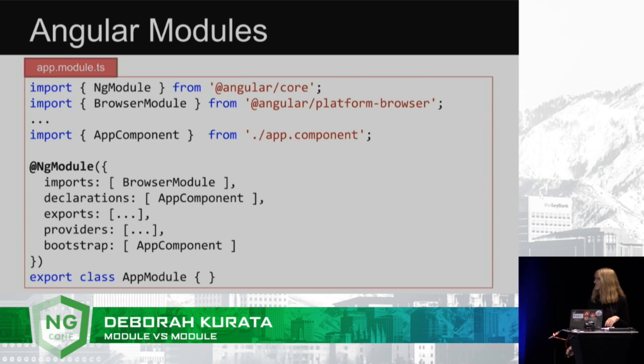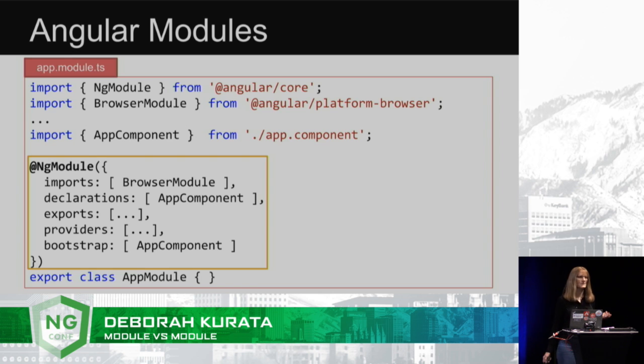They look like this. As with pretty much everything in Angular, an Angular module is simply a class with a specific decorator, our ng-module decorator. And we pass to that ng-module decorator a set of arrays. The hard part with Angular modules is figuring out what goes into each of these arrays and what each one contains.